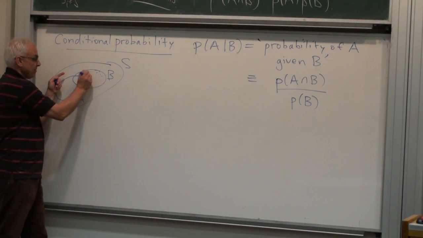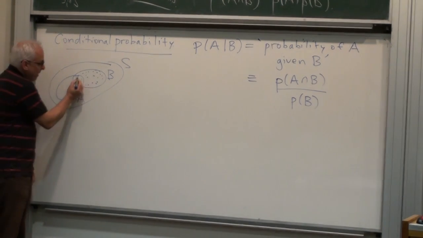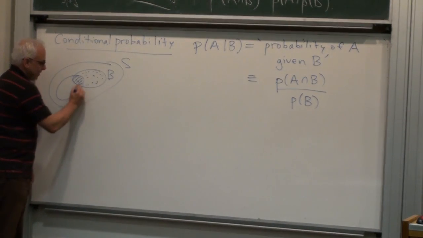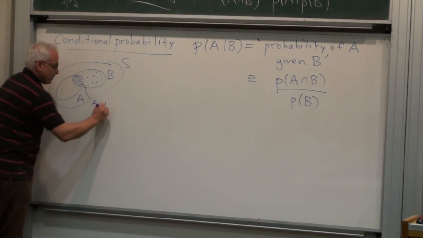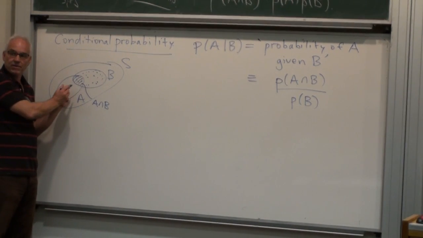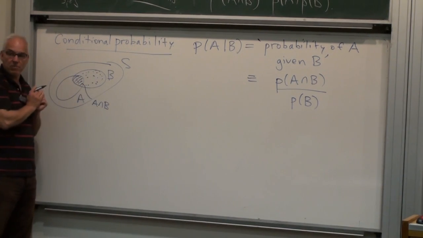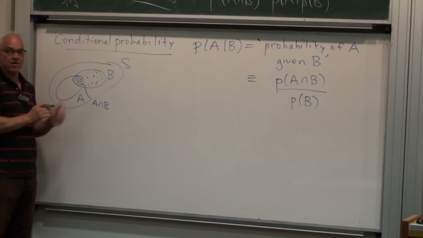We're looking at what's happening in B and ignoring everything else. And we're comparing the probability of the intersection with the probability of all of B. So it's the ratio of this probability to the probability of B. That's the probability of A given B.